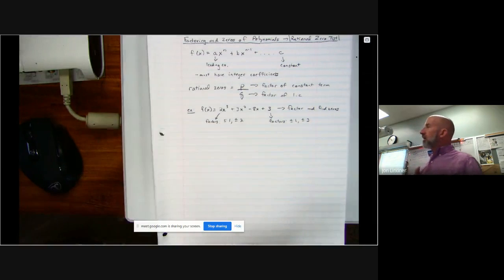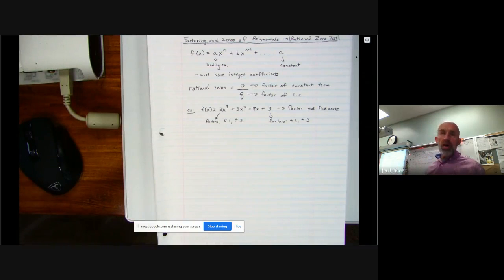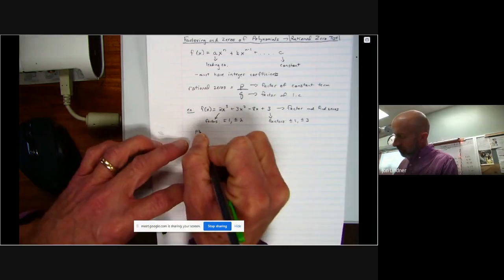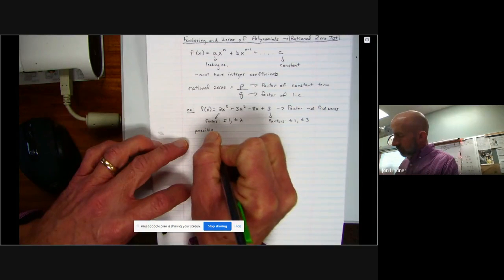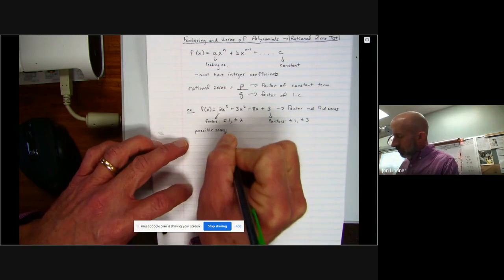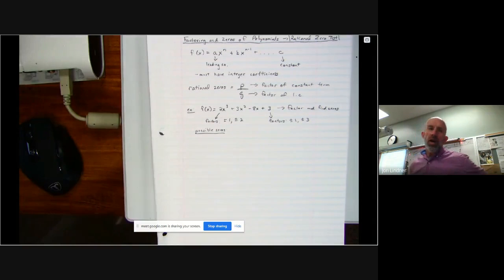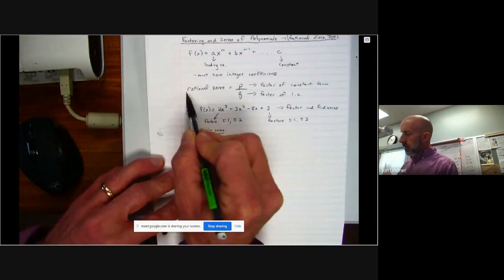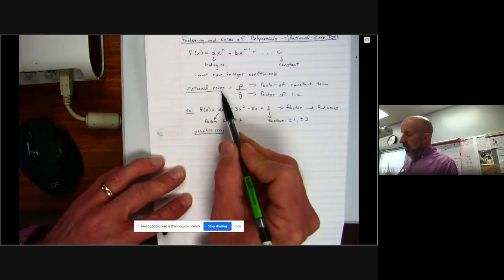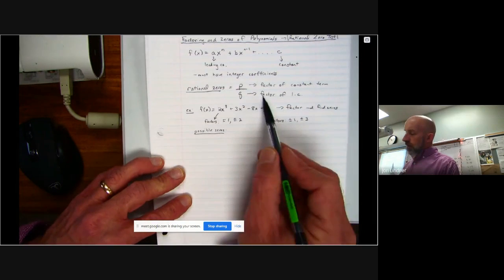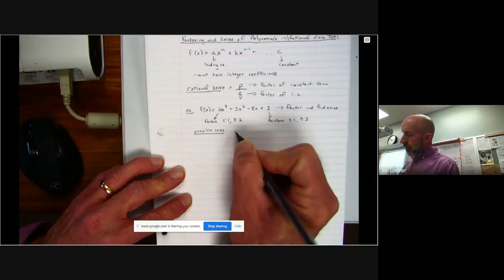So now I can come up with a list of the possible zeros. And coming up with this list and organizing our work at the beginning is what really takes the most time. So look up here. Remember this up here? My possible rational zeros are the factors of the constant term over the factors of the leading coefficient.